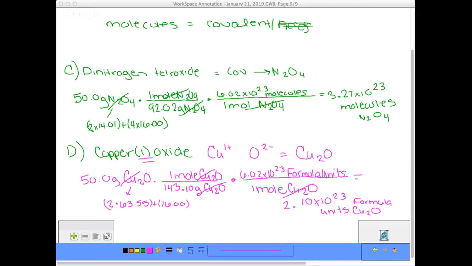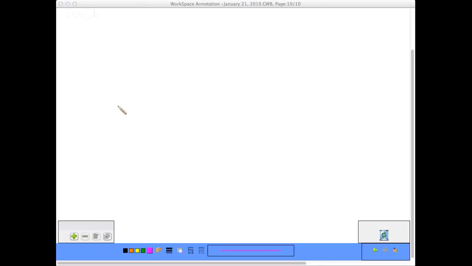Okay, so let's go ahead and look at number 4 on the homework. So number 4, let's go ahead and do something like B. The question says calculate the mass of sodium in 8.5 grams of the following sodium-containing food additives. So we would just want the mass of sodium in 8.5 grams of each of the following.